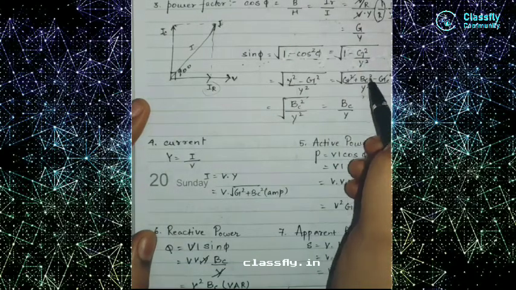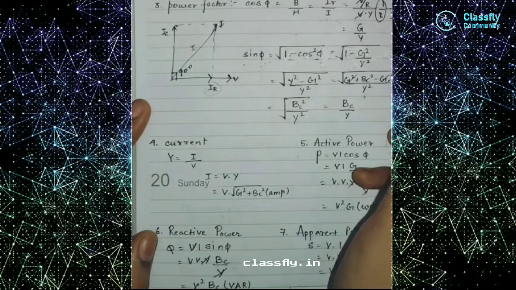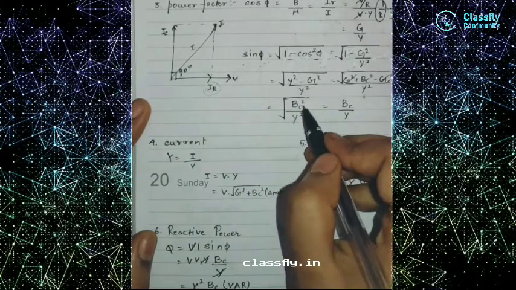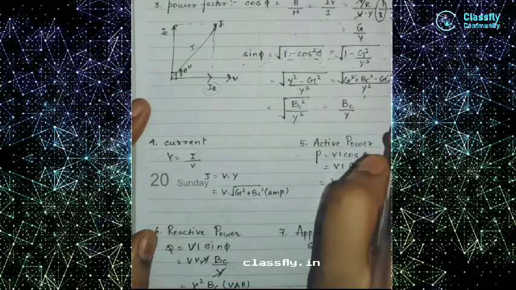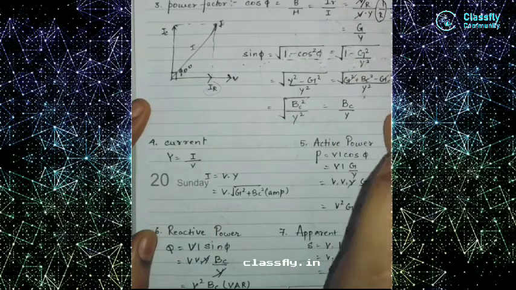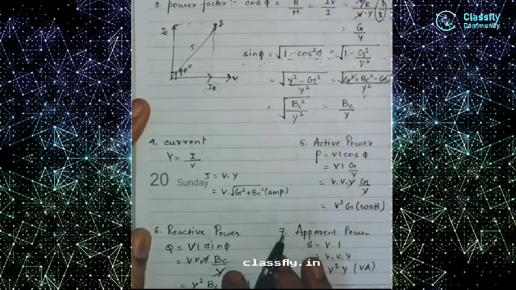So square means G square plus BC square minus GC square. G square gets cut, and we are left with BC square by Y square. And when we bring it out of the square root, it becomes BC by Y. That means sin phi is BC by Y.